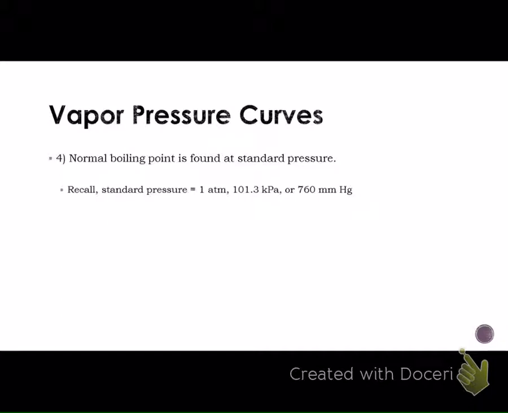So again, when we rattle off that number, 100 degrees Celsius or 212 degrees Fahrenheit, we are rattling off the normal boiling point of water. That's when it's at these standard pressures. So again, water can boil at a different temperature depending on what pressure it's being exposed to.